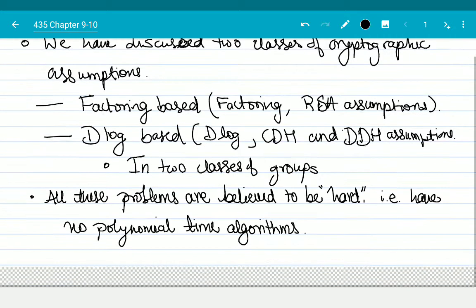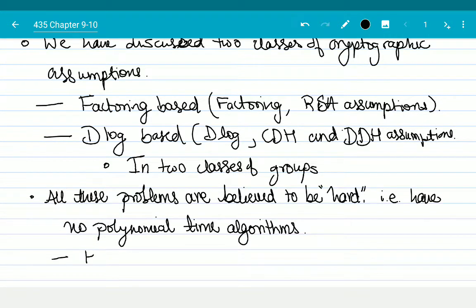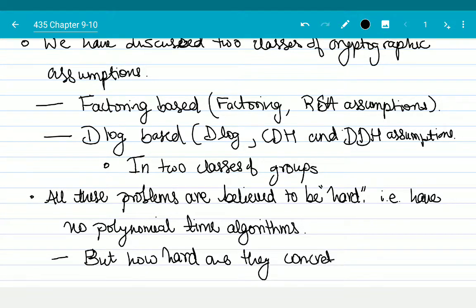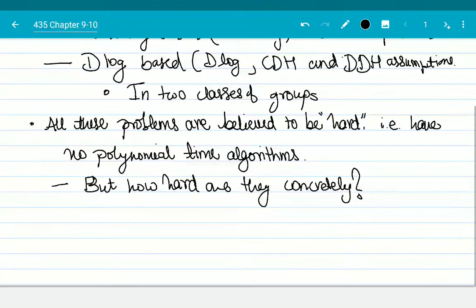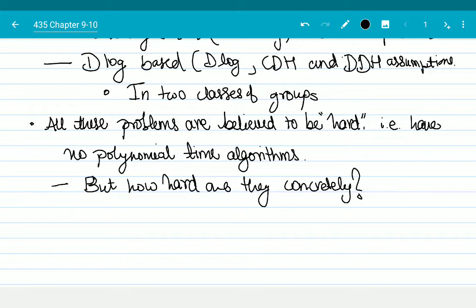But how hard are they concretely? We would like to know, wait, how big a problem am I looking at?